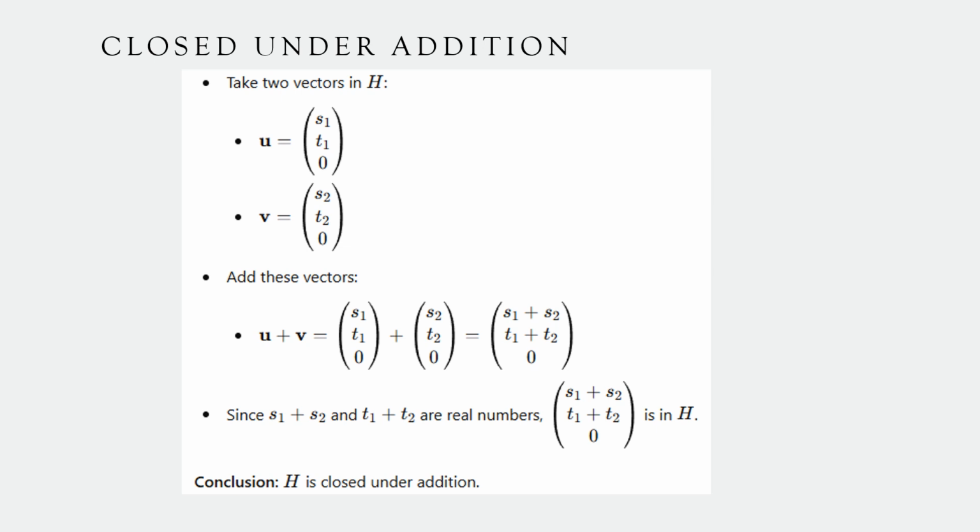If we add those two vectors, U plus V, we have (S1, T1, 0) plus (S2, T2, 0) equals (S1 plus S2, T1 plus T2, 0). And once again, since we know that all the S and T values are real numbers, we know that is in H. So the conclusion is H is closed under addition.